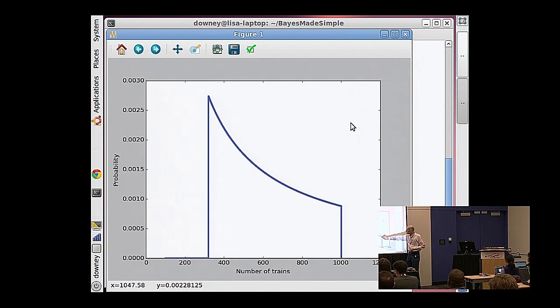And so the interval will go from about here to about there, but it doesn't, in this case, actually contain 321. That's a little bit of a quirk. There are actually lots of 90% posterior intervals. You could choose any set of values that adds up to 90%. So if you wanted, you could do the first 90% and lop off 10 at this end. And for some applications, that might be a preferable choice for that credible interval. But it's a good question.